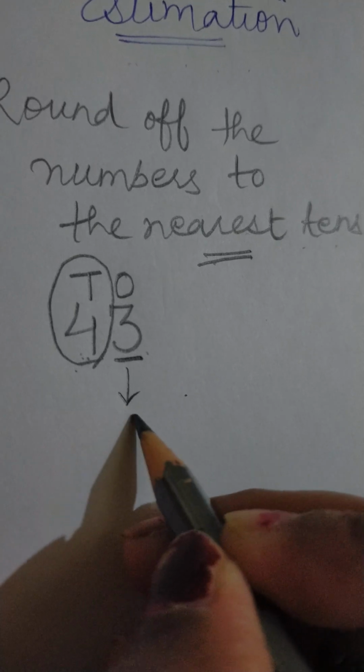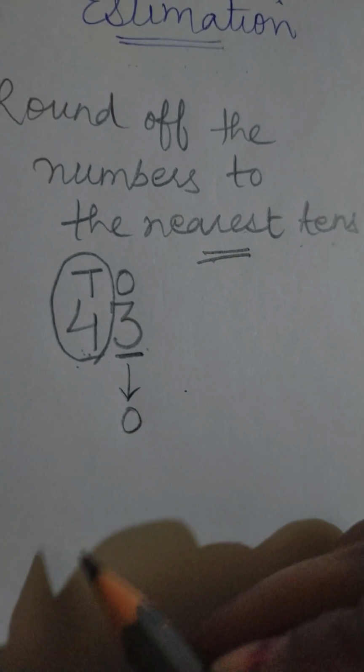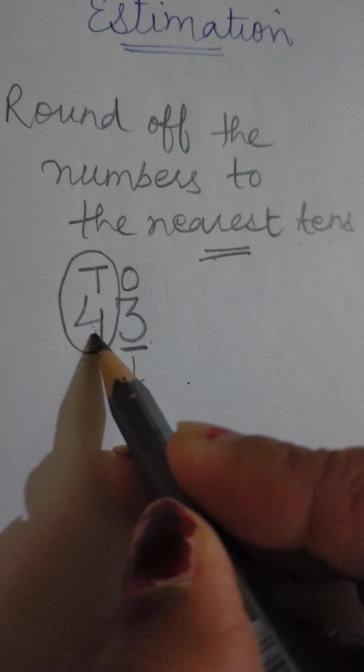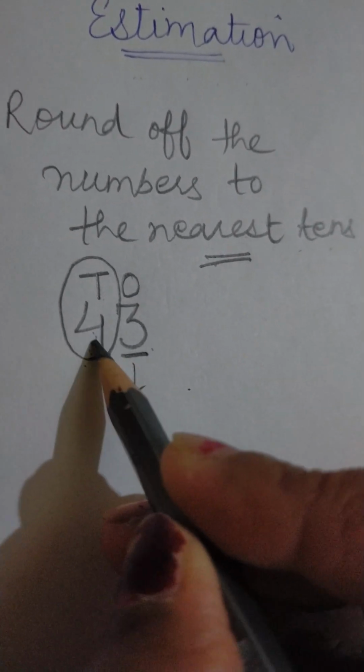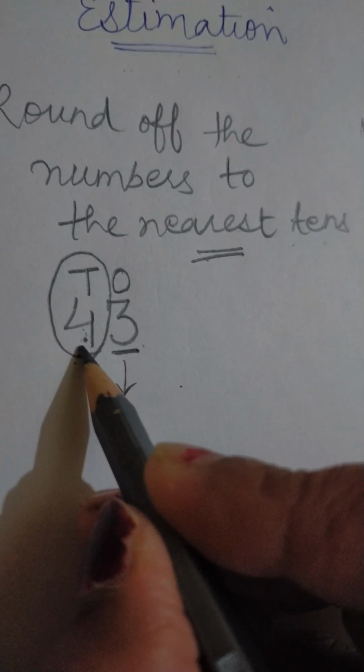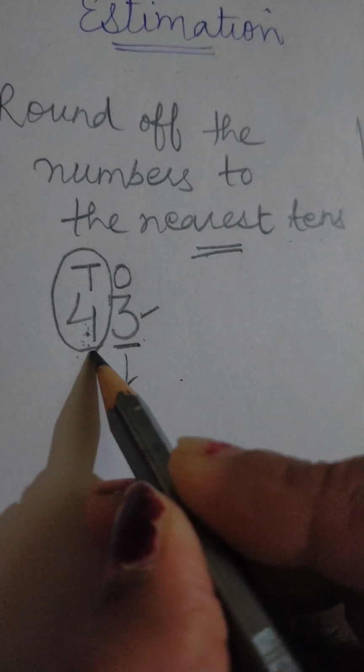The underlined digit will become 0. So we will think about what will be written in its place. To decide, we will observe the ones place.